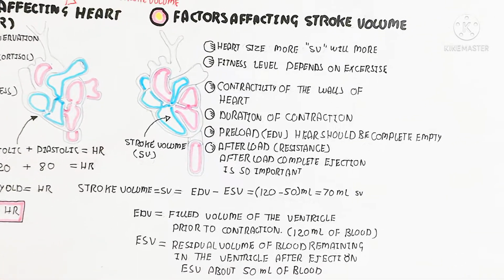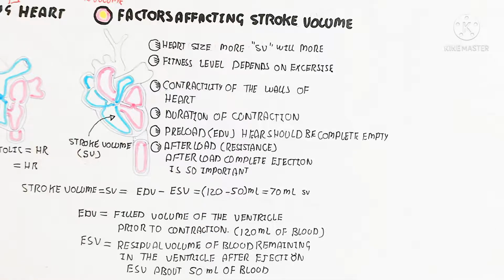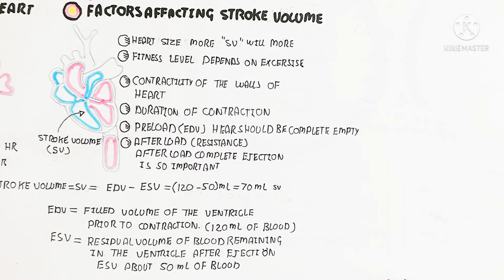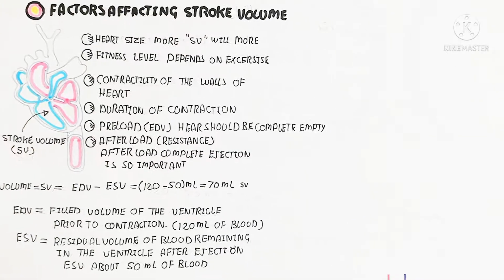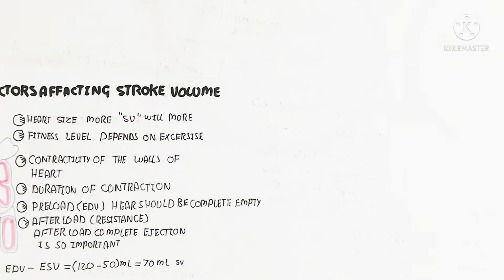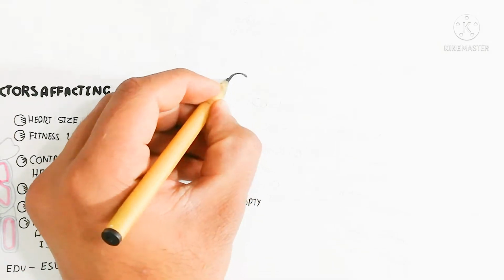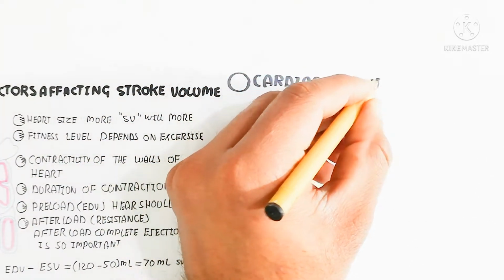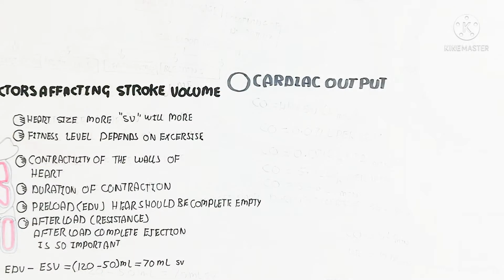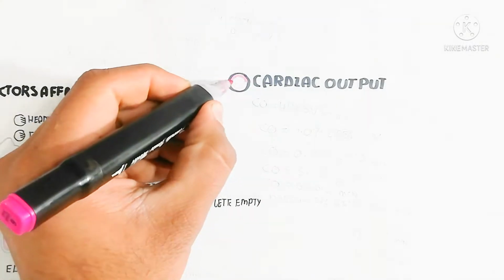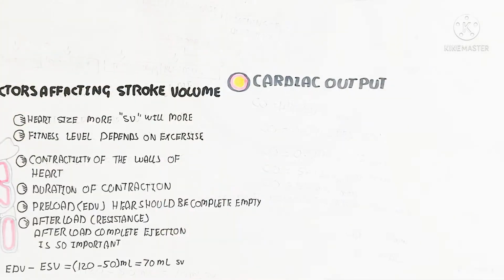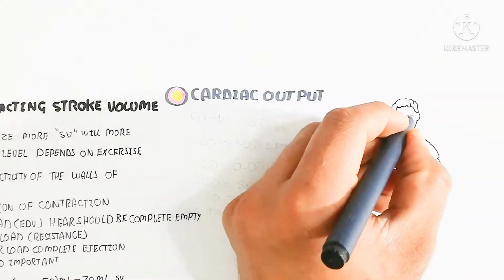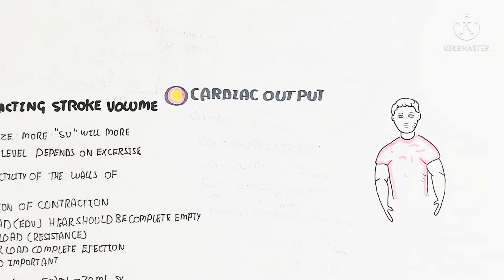This is due to the heart wall constricting, and when the heart wall constricts it means complete ejection, and the remaining blood is the 50 ml, while the end diastolic volume will be 120 ml. So let's begin to understand the cardiac output.